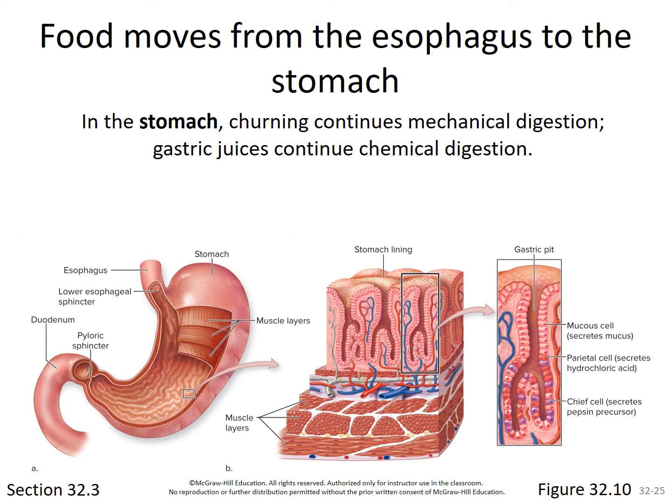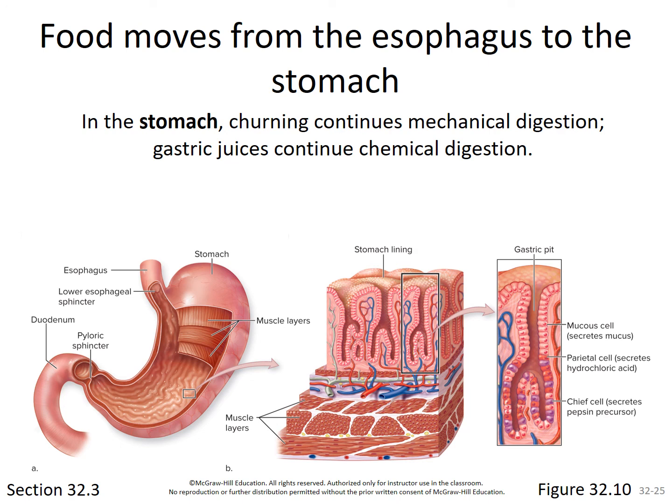Okay, so once you get to the stomach, you're going to continue with mechanical digestion and chemical digestion. Churning continues the mechanical digestion, and gastric juices continue the chemical digestion. Look at the picture to the very left here. You'll see that there are actually 3 muscle layers in the stomach.